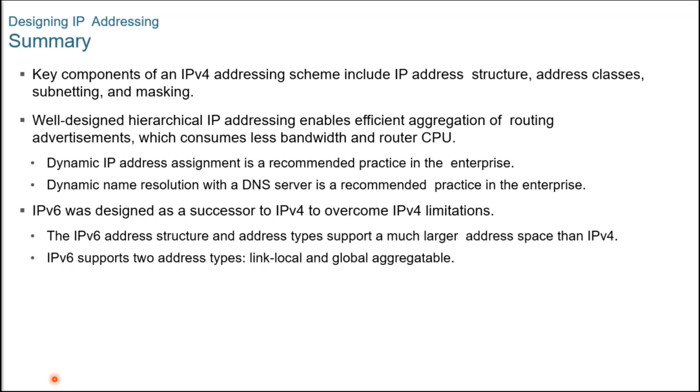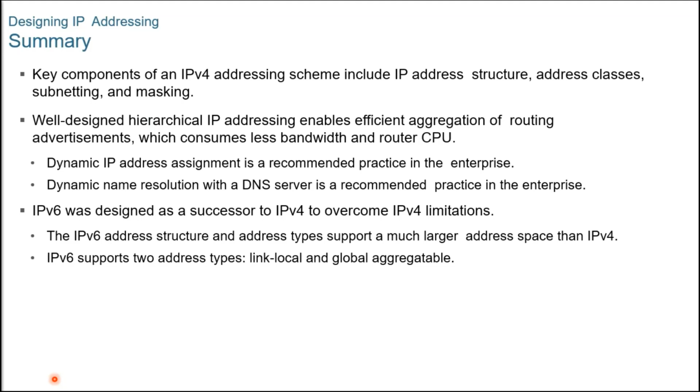Now, dynamic address assignment is a recommended practice in the enterprise, specifically assigning an IP address to the end nodes. Dynamic name resolution with a DNS server is also a recommended practice in the enterprise.